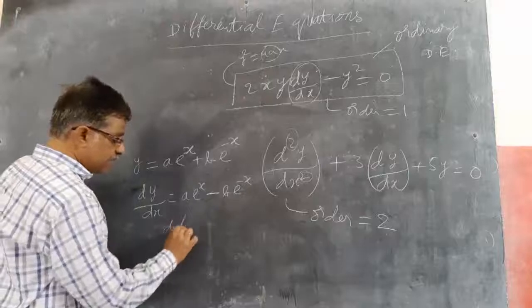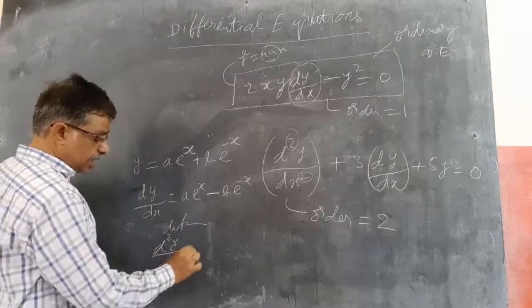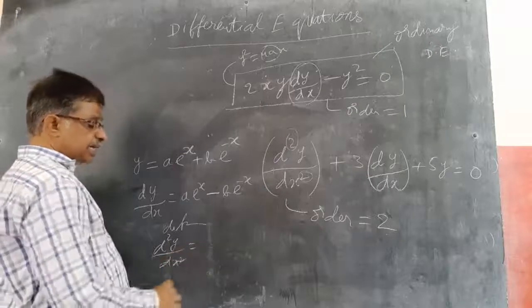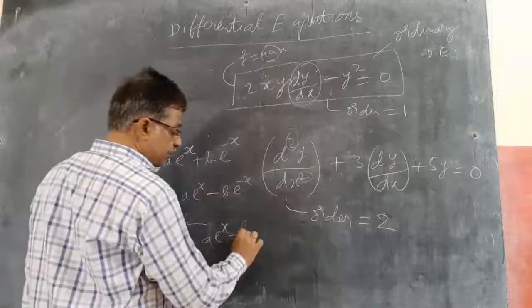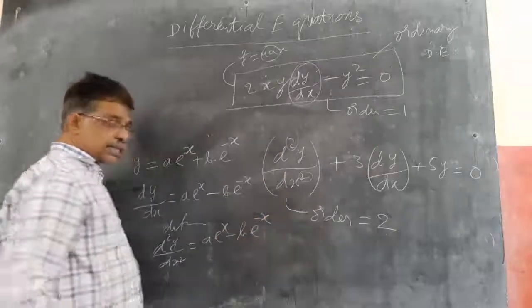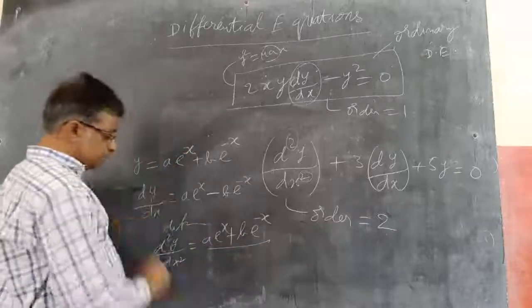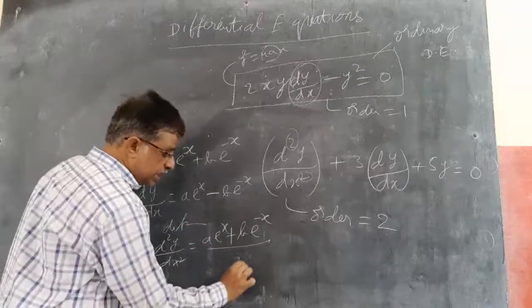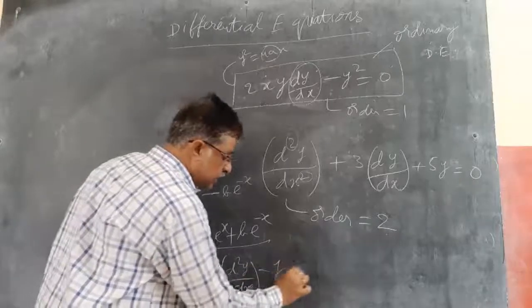Again if I differentiate a second time, d square y by dx square equal to a into e power x only, but minus b into e power minus x into inner derivative minus 1 becomes plus. So this value is nothing but y itself. So what I want to say is d square y by dx square minus y equal to 0.